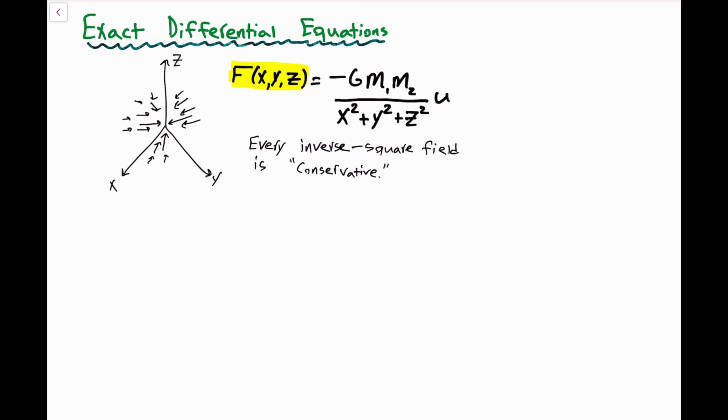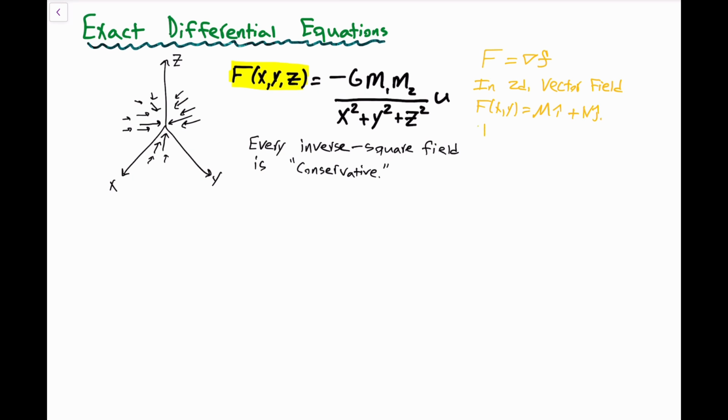In multivariable calculus, we learned that a vector field is conservative if the function capital F is equal to the gradient of its so-called potential function, lowercase f. Now, in 2 dimensions, let's say we have the vector field F of x,y is equal to M i hat plus N j hat.